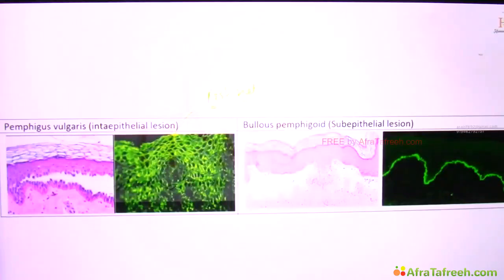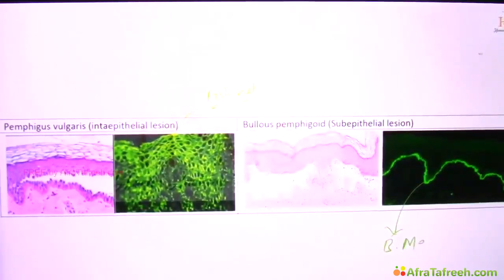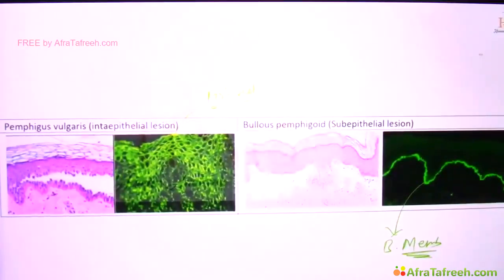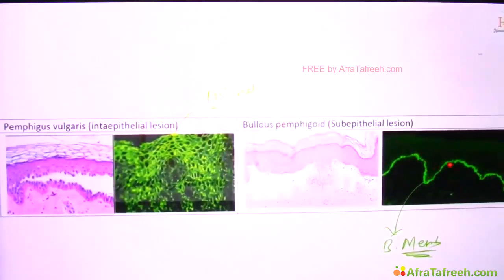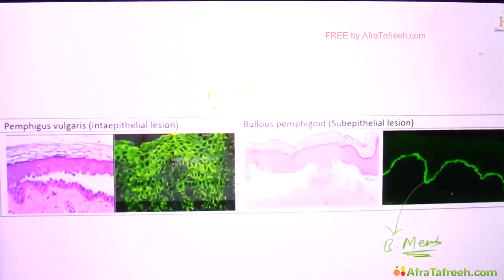But in bullous pemphigoid, which is a subepithelial lesion, the green immunofluorescence is restricted to the basement membrane, the basal layers. That is a problem of hemidesmosomes. But if it is throughout the epithelium, like a fishnet appearance, then it is pemphigus vulgaris. Though layer 4 is specifically involved, it can be a large area of lesion.